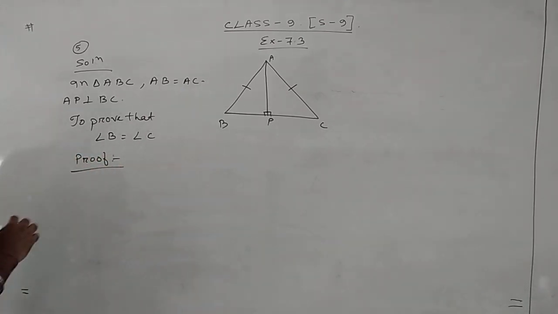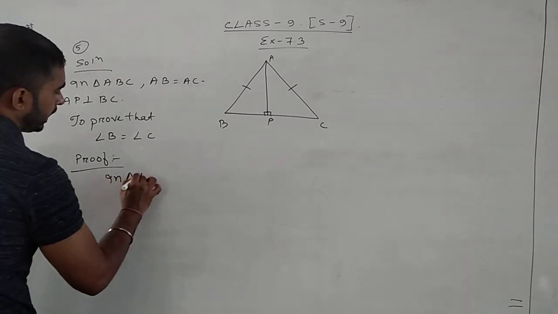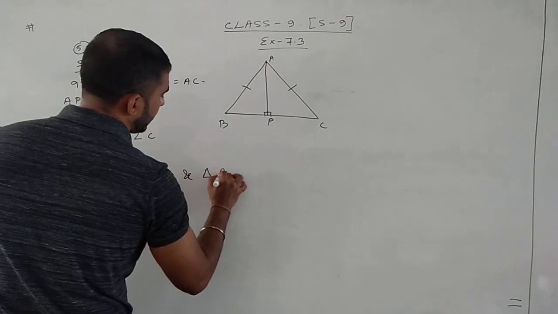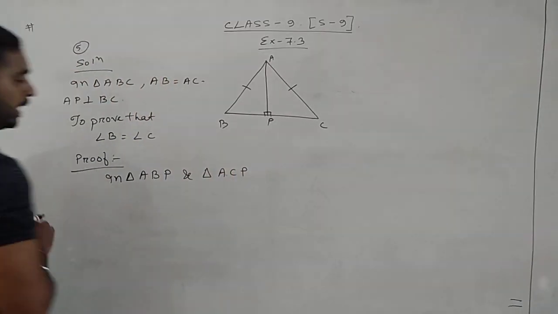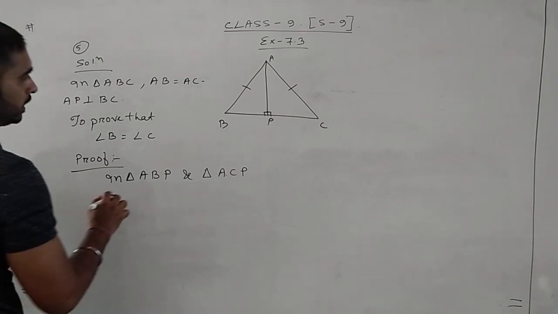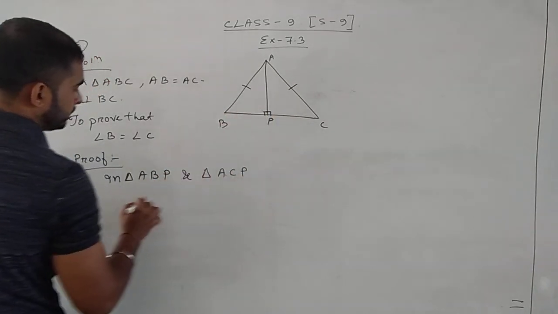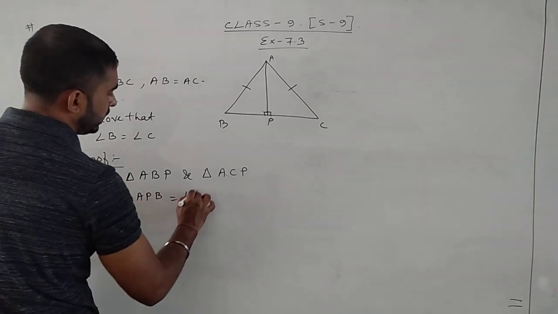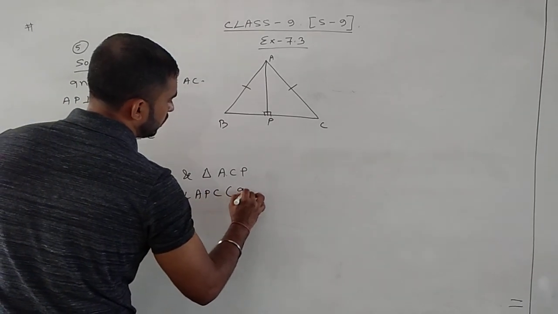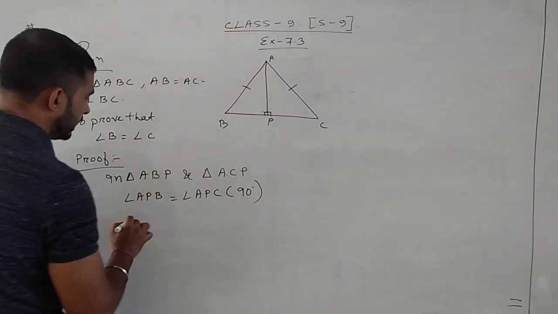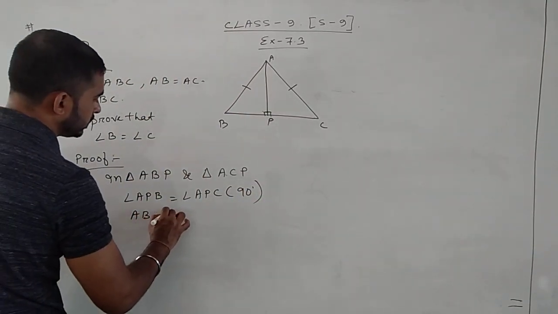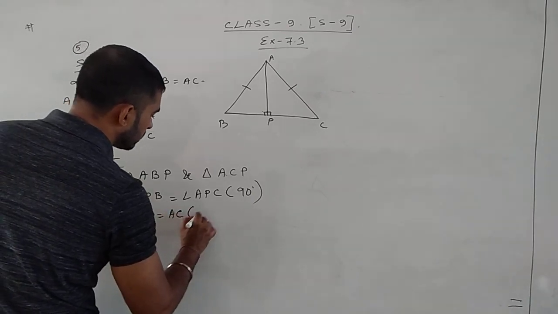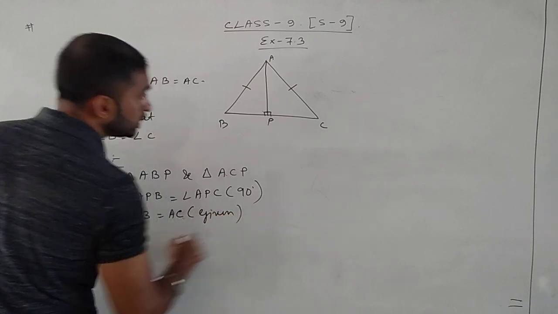In this question, in triangle ABP and triangle ACP, angle APB equals angle APC, both the angles are 90. Then AB equals AC, which is given in the question.